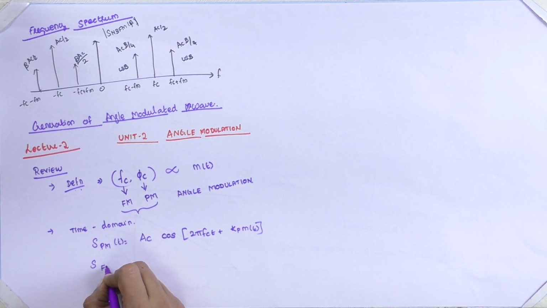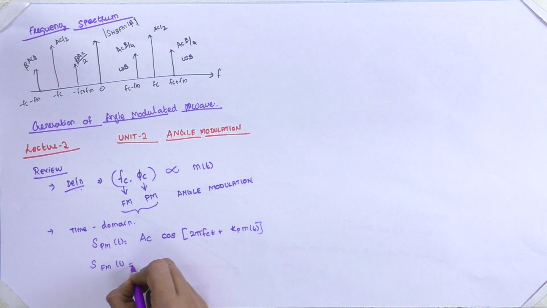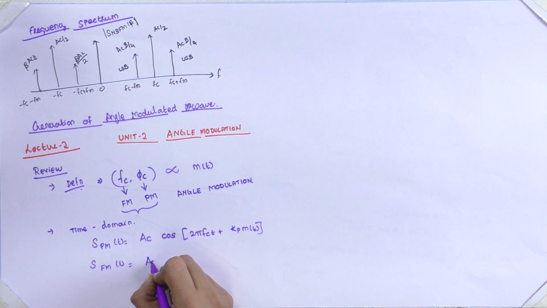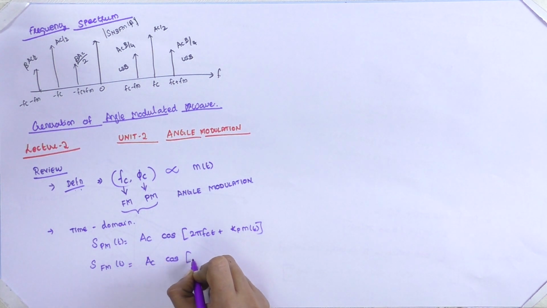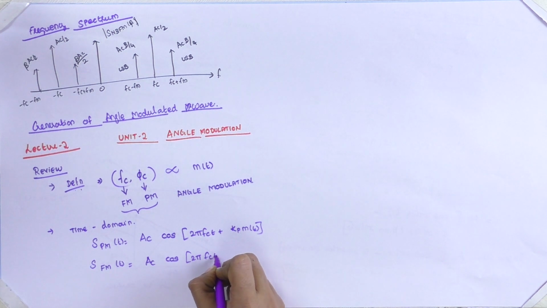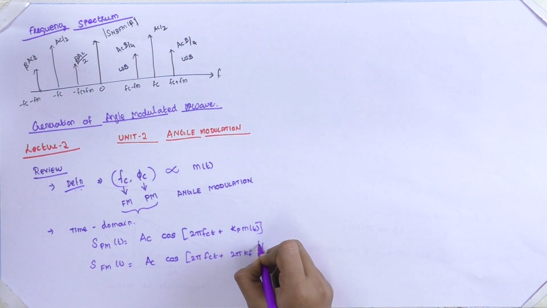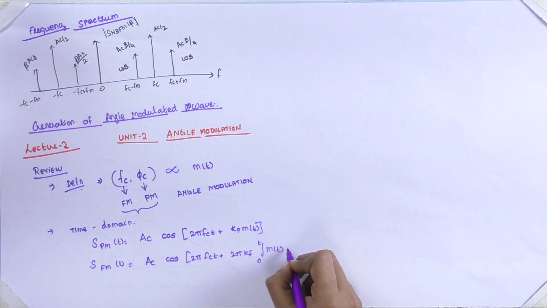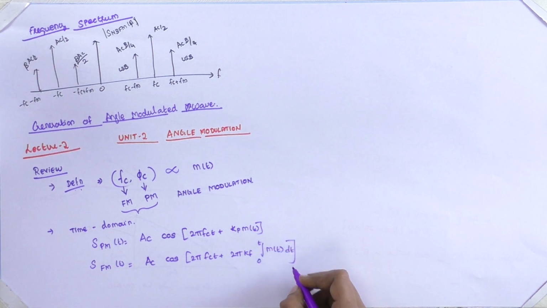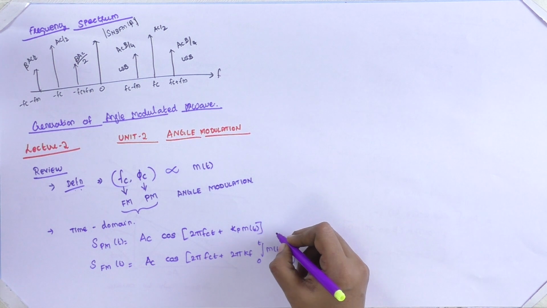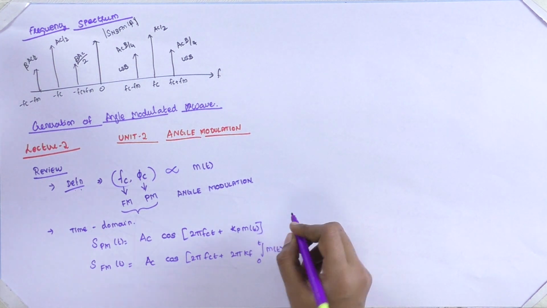Second one is FM, frequency modulated wave, time domain expression Ac cos 2 pi fct plus 2 pi kf integral over 0 to t m of t dt. So this is the time domain expression for frequency modulation and for phase modulation.